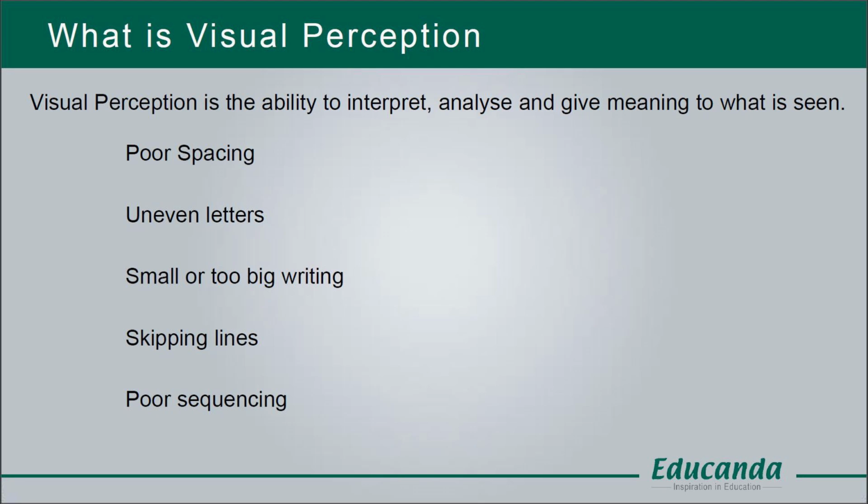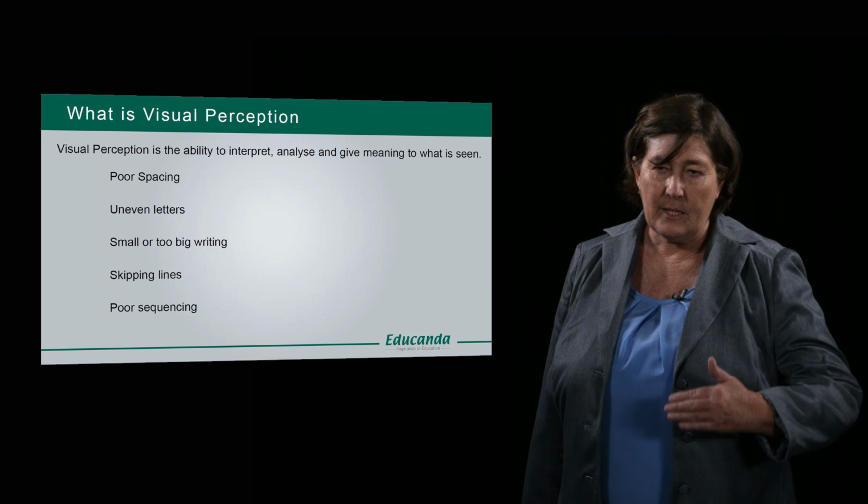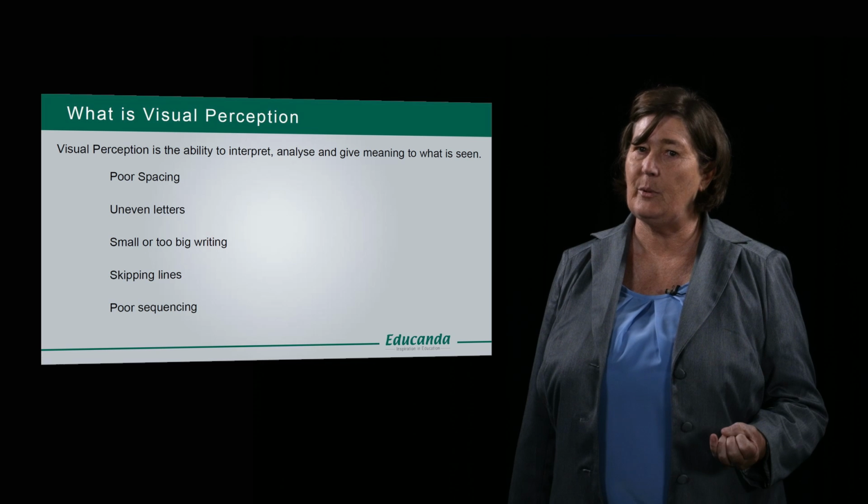And when a learner has problems with visual perception, it impacts on not just handwriting, but on quite a number of other learning areas. If the learner has a problem with visual perception, in your child's writing, you will see that they space poorly, very poor spacing.